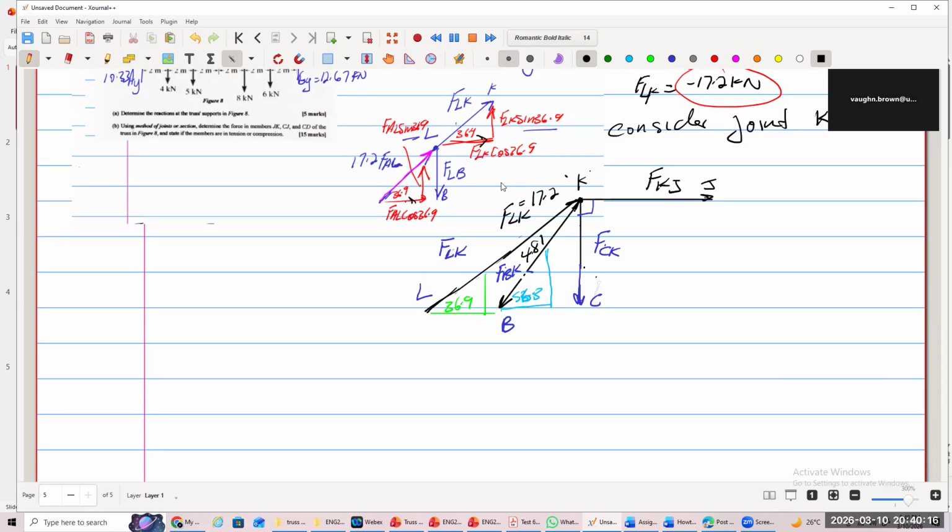We only have one if we go horizontal. You agree? What are the components here? Let's write some components. We have a component here for this one, which is going to be FBK cos 56.3.